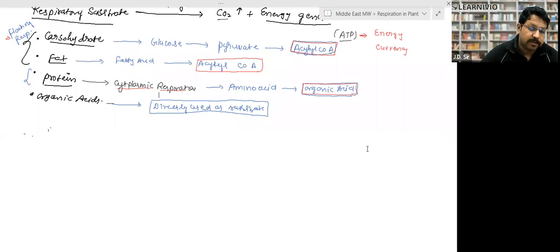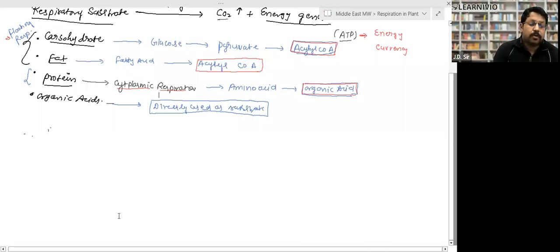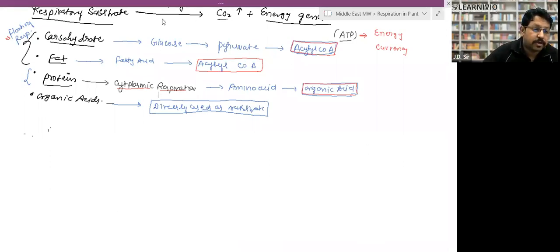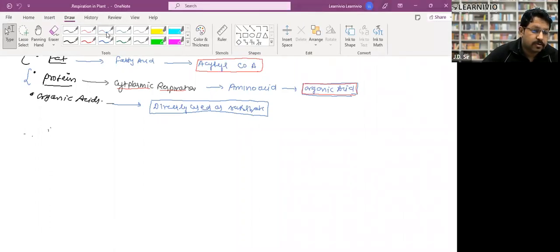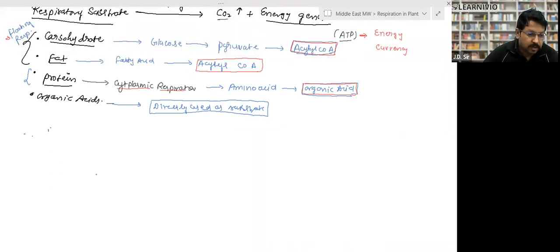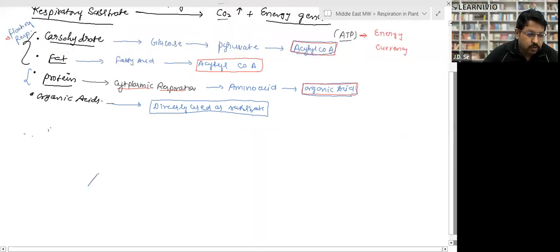The structure of ATP is like this. Whenever we represent the structure of ATP, let me draw it. This is adenosine sugar, right?